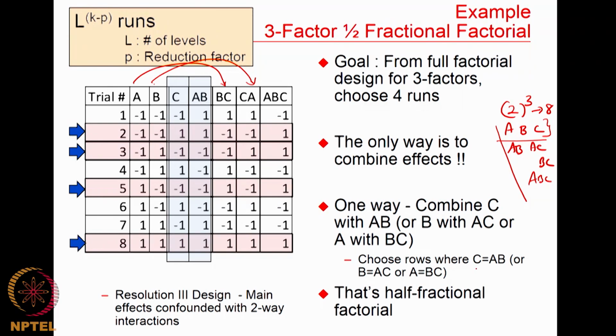So, choose rows where C equals AB, that is what we did. We are choosing this row, this row, this row and this row. Then you are going to choose only those rows, because AB does not change in that row with respect to C. So, you are just taking that.